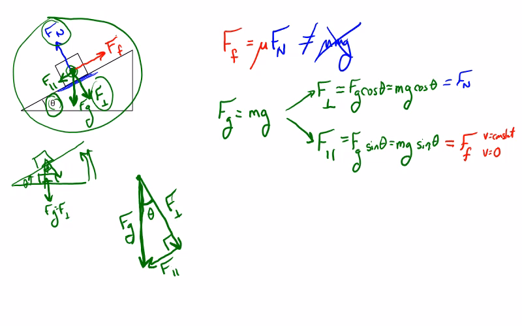However, if this thing did slide down or up the incline in some fashion, then the difference between these would be equal to my acceleration. So if this thing was actually accelerating down the incline, then my parallel force would be down the incline.